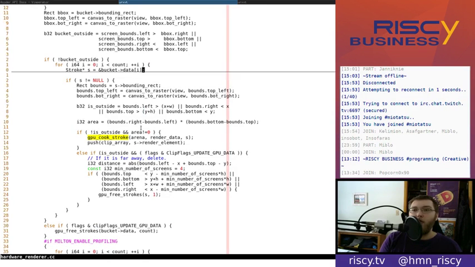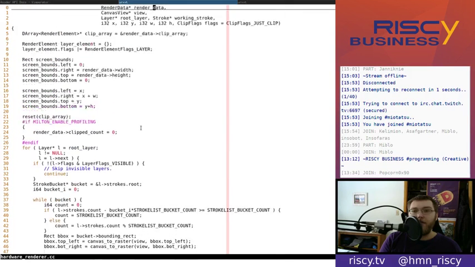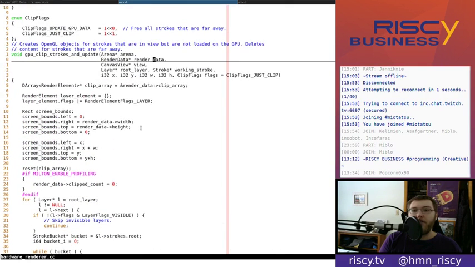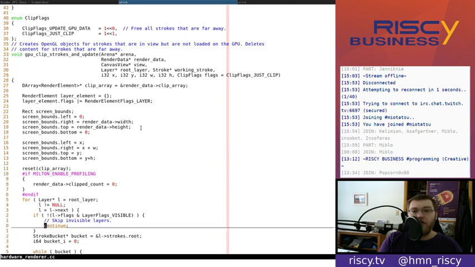So now I wonder, when we're rendering, are we going to want to do it in clip strokes and update? The high-level description of this is create OpenGL objects for strokes that are in view but are not loaded on the GPU, deletes content for strokes that are far away. So this is really just for strokes.